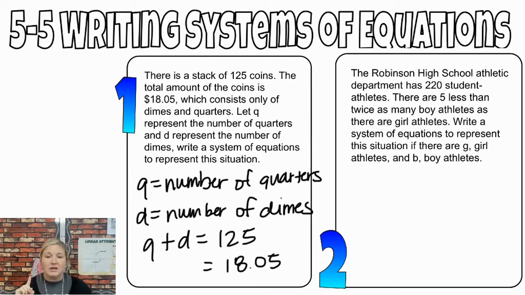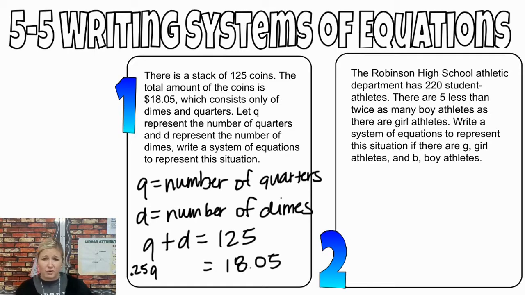However, I need some money to be associated with that. If I want to find the amount of that total that's from the quarters, I would take 0.25 and multiply that by the number of quarters, whatever number of quarters I have.